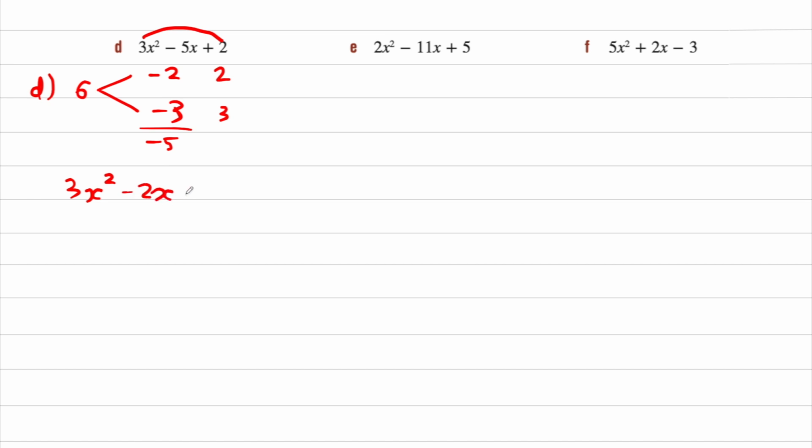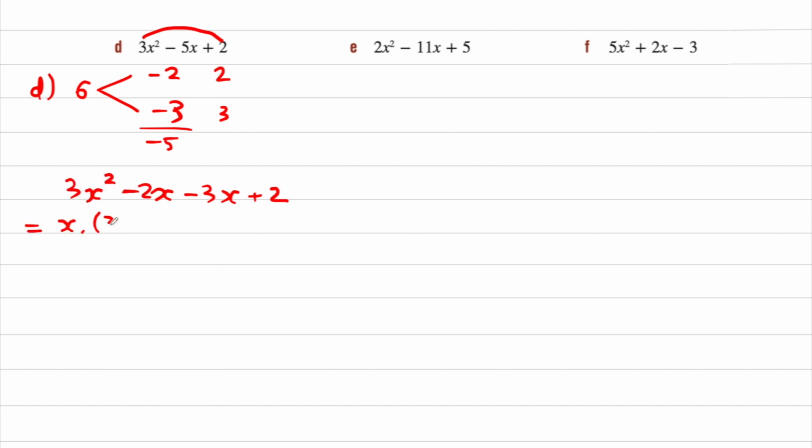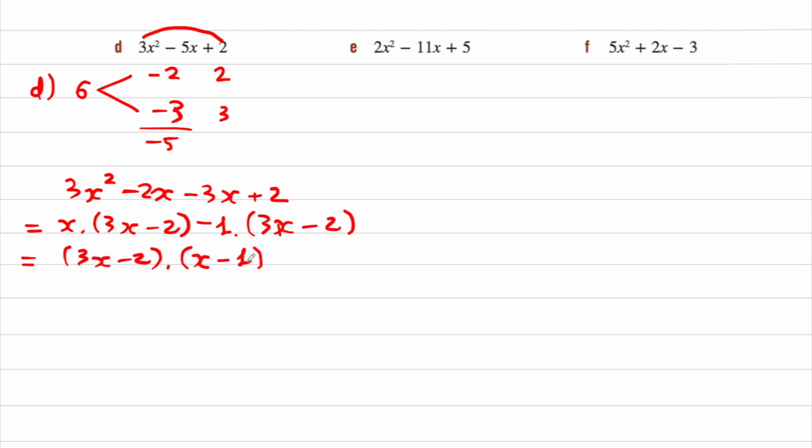So minus 2x here, minus 3x plus 2 here. Take x outside: 3x squared minus 2x, take x outside, you got 3x minus 2. For the next one, I will take minus 1 outside, very carefully about the sign. After that, you got 3x minus 2 multiplied with x minus 1.